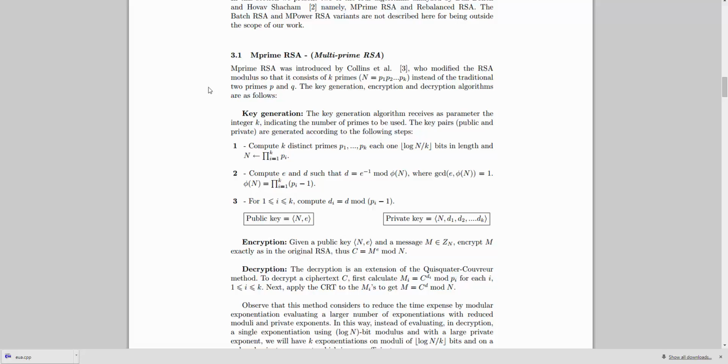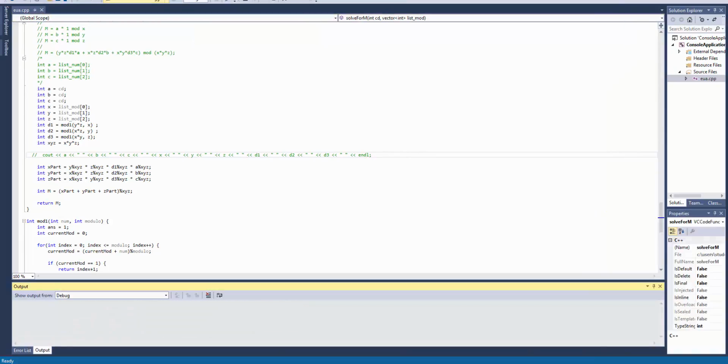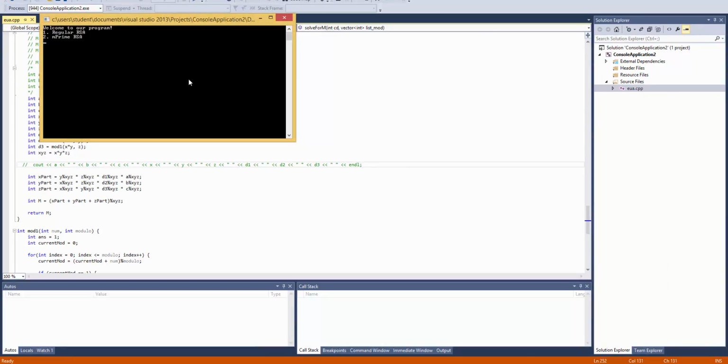Okay. Page 2 scroll. We're going to go ahead and run our old RSA algorithm, and it tells us to enter two numbers that are prime.